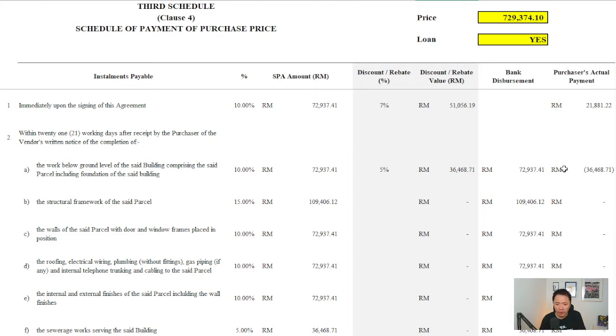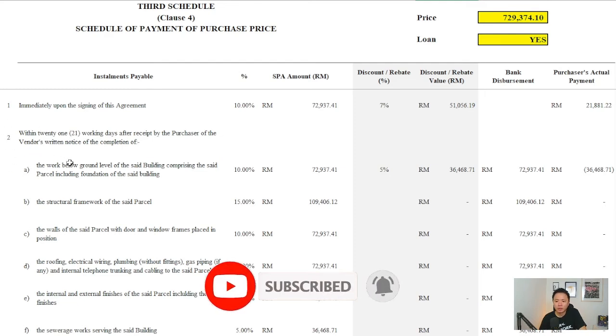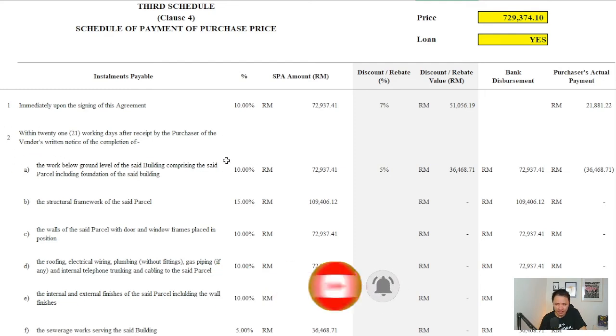So for example, in stage 2A, you're supposed to pay 10%, and 10% is equivalent to 72k. But because the developer is giving you a 5% rebate equivalent to 36k, whereas the bank is disbursing 10% out of this price, it means that you don't have to pay 36k because it's covered by the bank.